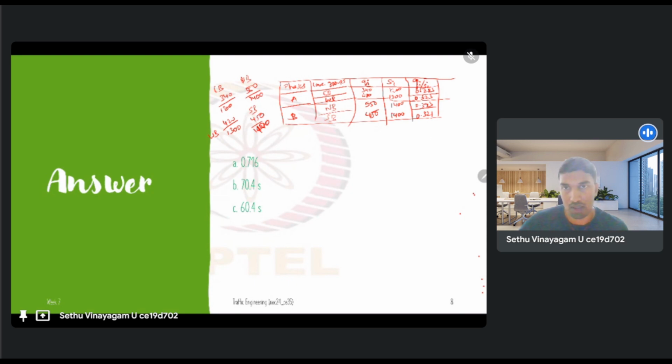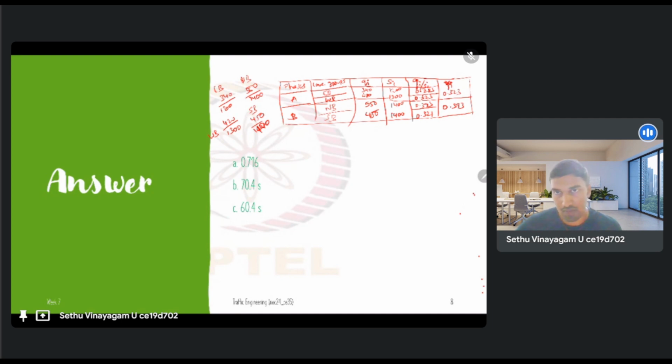Out of these two lane groups, only one will be critical, which is the maximum of the two. The critical flow ratio is what YA is for each phase. So the maximum of these two is 0.323 for phase A, and for phase B, the maximum of 0.393 and 0.321 is 0.393.